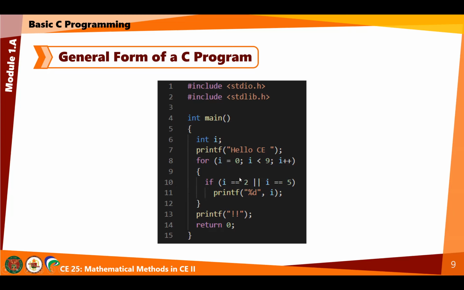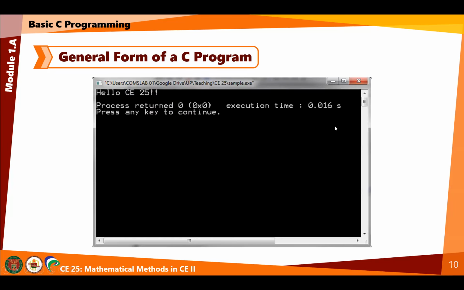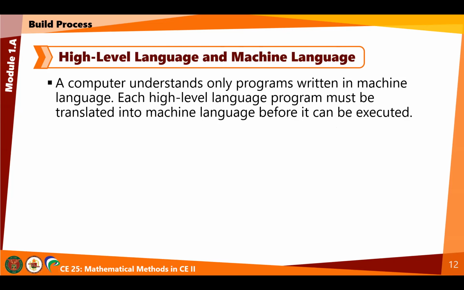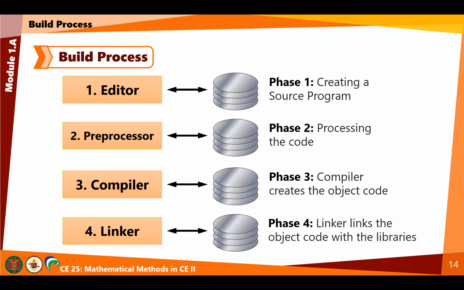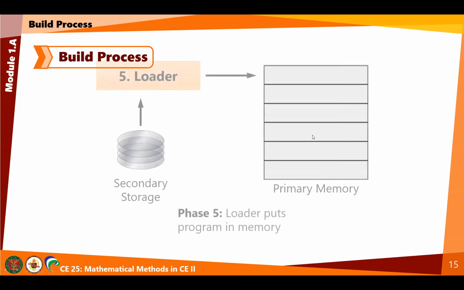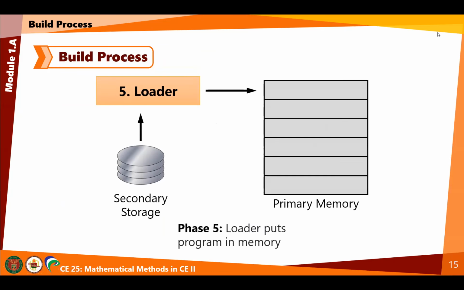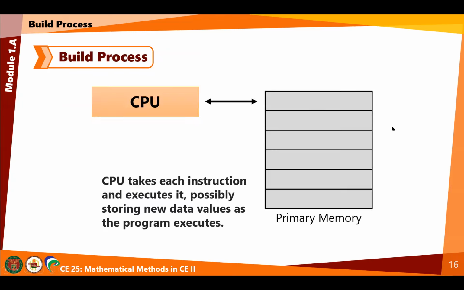It just checked whether I is equal to 2, but not assigned it. Ayun lang. So gets na ba? Okay. Sige.